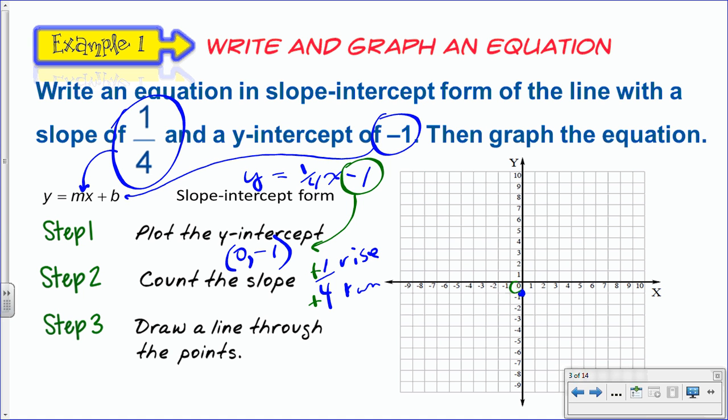To the right. 1, 2, 3, 4. Once I get to that point, I put another dot. Now connect the dots. When you draw your lines, make sure that you draw your line all the way out to the edge.